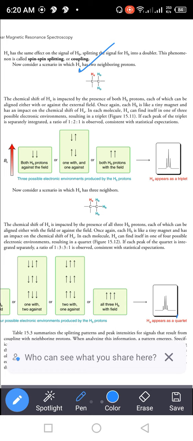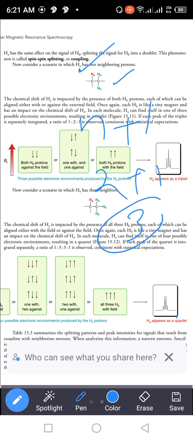They have two neighbors. The n plus 1 rule says, we write n as 2 because there are two neighbors, plus 1, the answer will be 3. The n plus 1 rule says that Ha proton has 3 peaks, 3 peaks represented by a triplet.